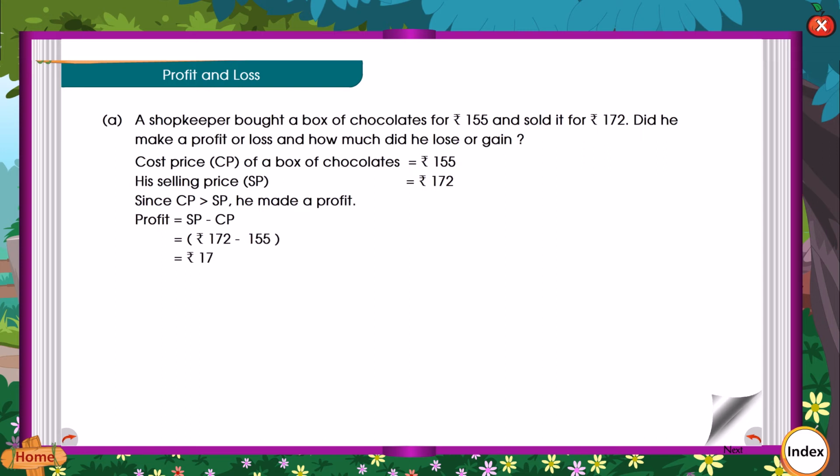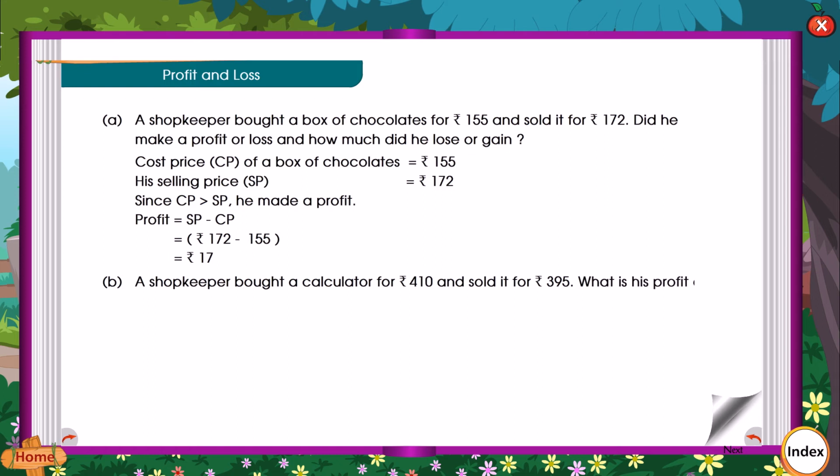rupees 17. B. A shopkeeper bought a calculator for rupees 410 and sold it for rupees 395. What is its profit or loss? Cost price is equal to rupees 410. Selling price is equal to rupees 395.